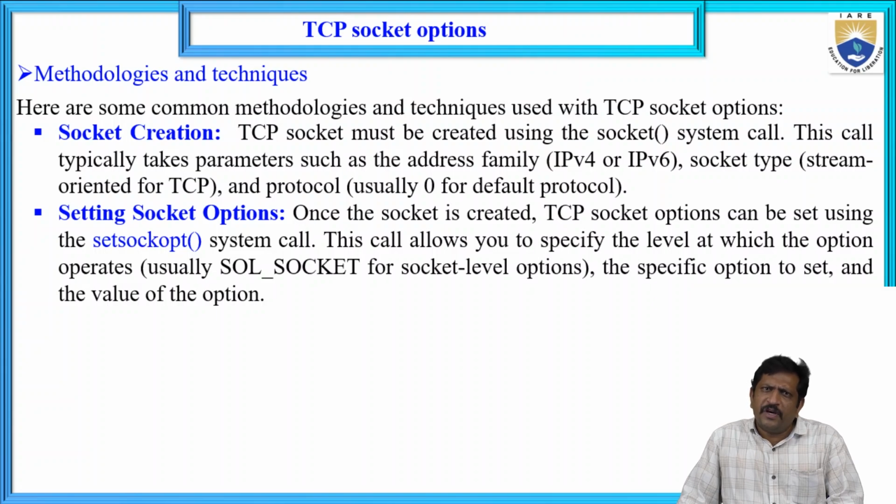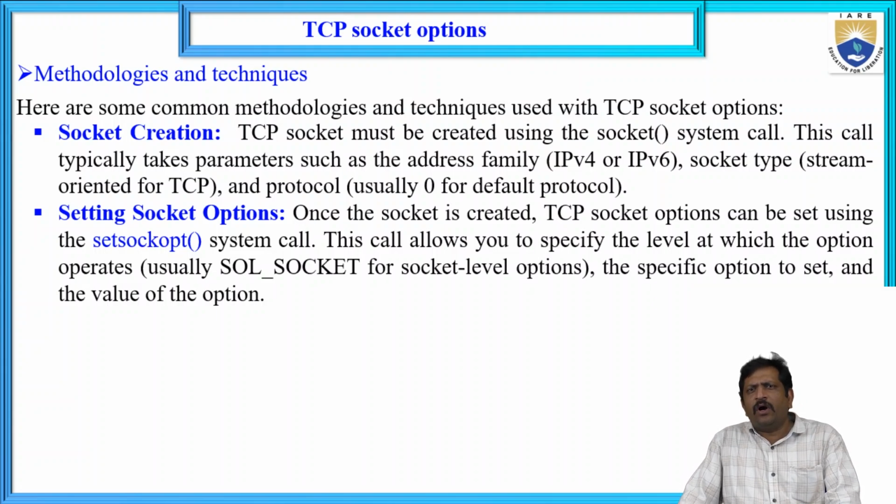This call typically takes parameters such as the address family, that means IPv4 or IPv6, Internet Protocol version 4 and Internet Protocol version 6, the socket type, stream-oriented for the Transmission Control Protocol, and the protocol, usually 0 for the default protocol.